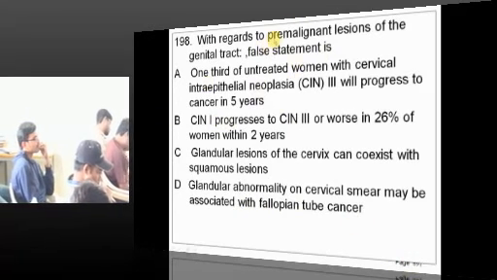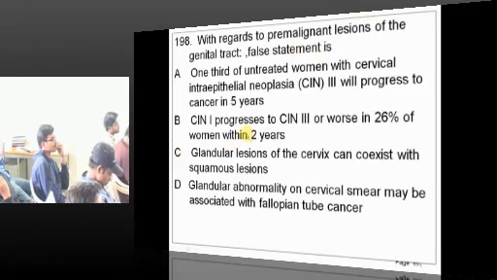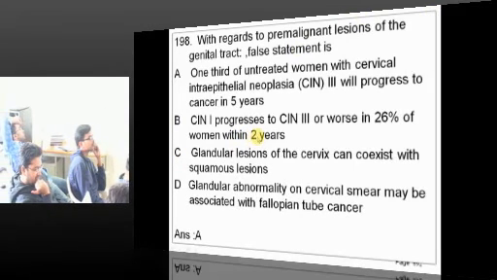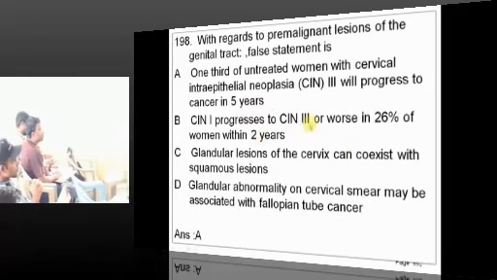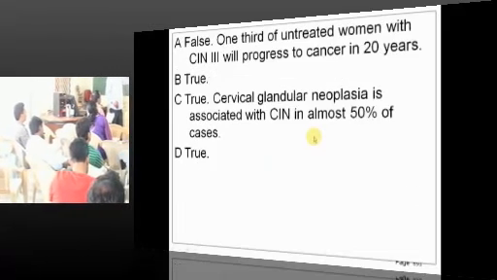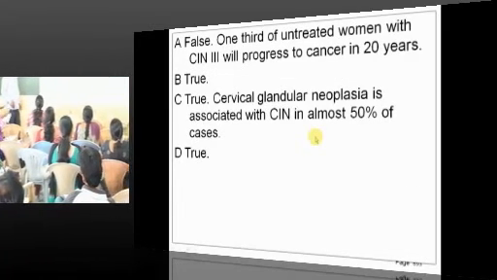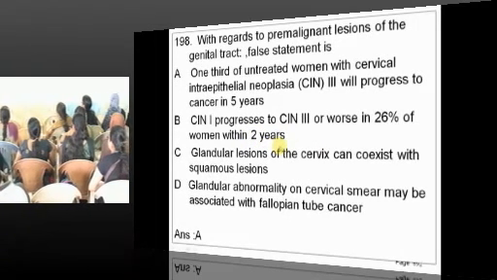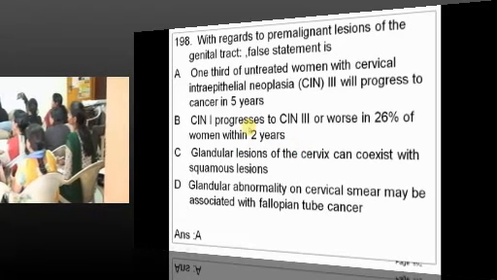What is wrong about the pre-malignant lesion? B or A? CIN progressing to CIN3 or worse in 26% of women in 2 years. As far as I remember, B is right, doctor. Just check that. Check the option. Yes, sir.